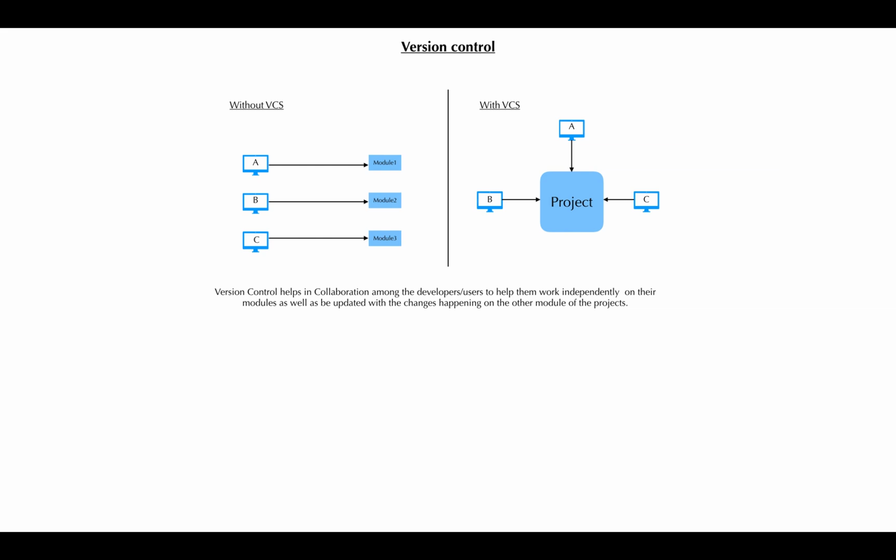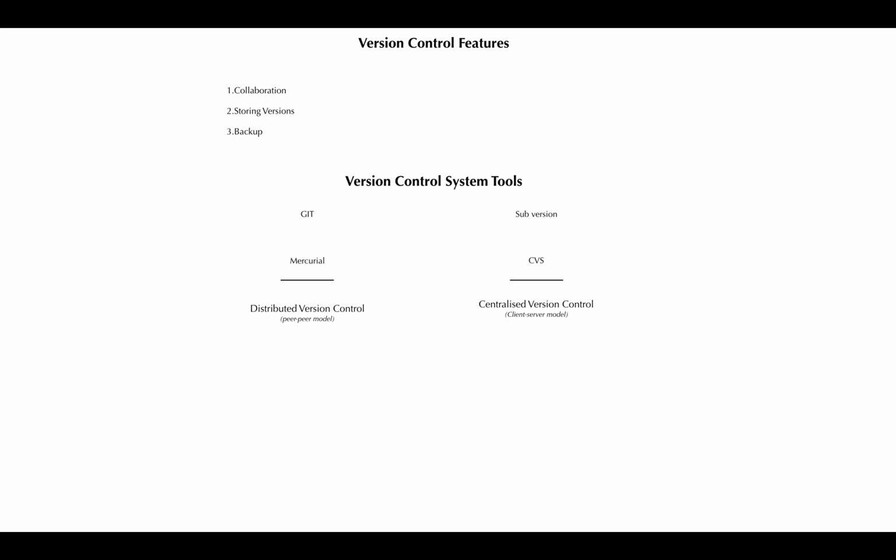Now I'll go to the features of version control. First, we have already talked about collaboration. The second is storing versions, which we talked about a little: having different versions of the piece of work you are doing. Let's take the example of a graphic designer.